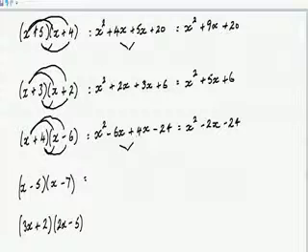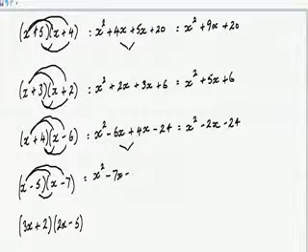So this one, x times x is x squared, x times minus 7. So we've got a plus times a minus is a minus, and 7 times x is 7x. Then minus 5 times x, so again a minus times a plus is a minus, and 5 times x is 5x.